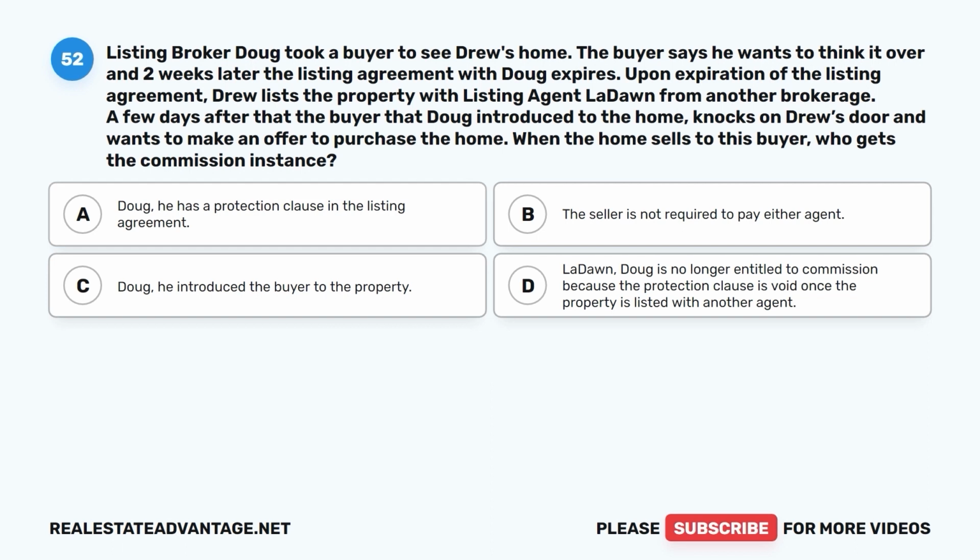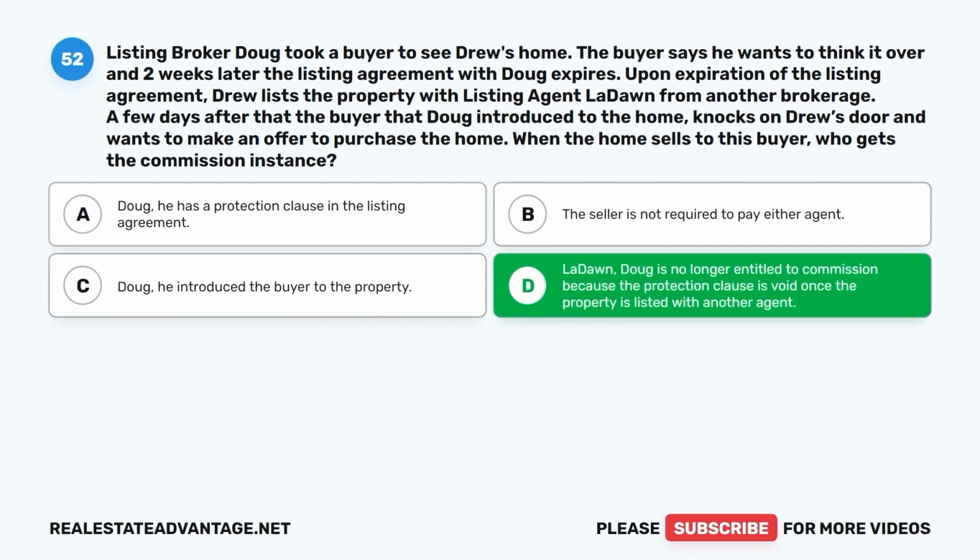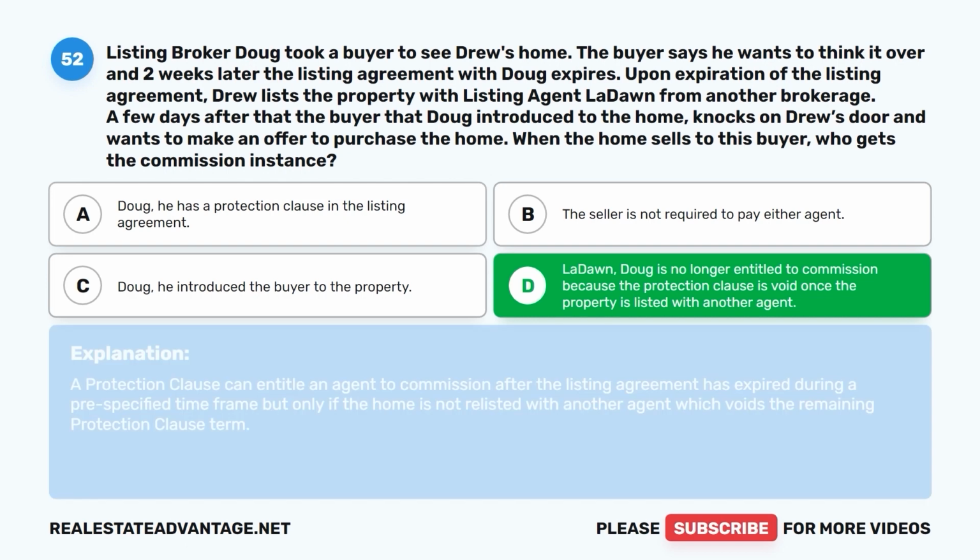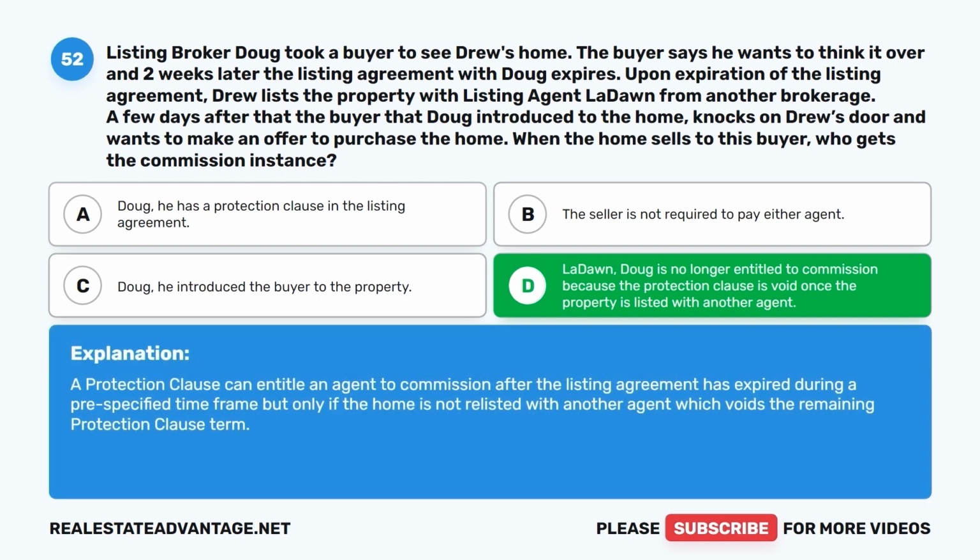The correct answer is D. A protection clause can entitle an agent to commission after the listing agreement has expired during a pre-specified time frame, but only if the home is not relisted with another agent, which voids the remaining protection clause term.